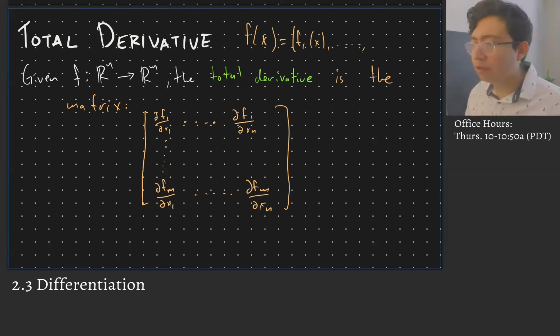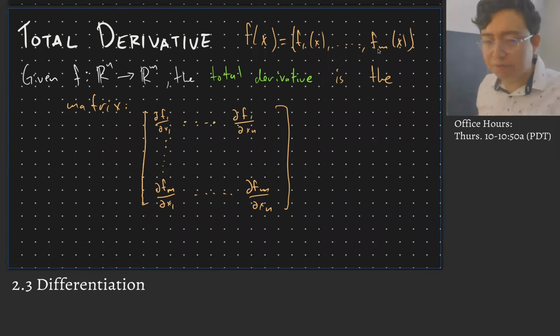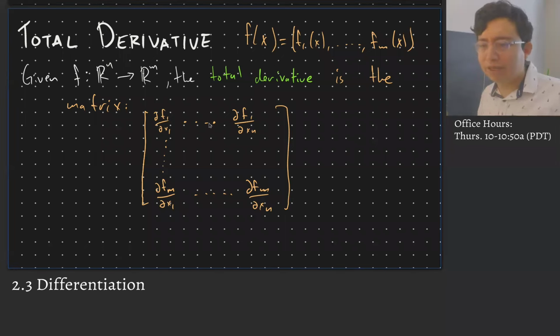This is just saying break up f into its scalar valued parts, which was a trick we used in the last section too. Then just take the partial derivatives of each of these in every possible combination.